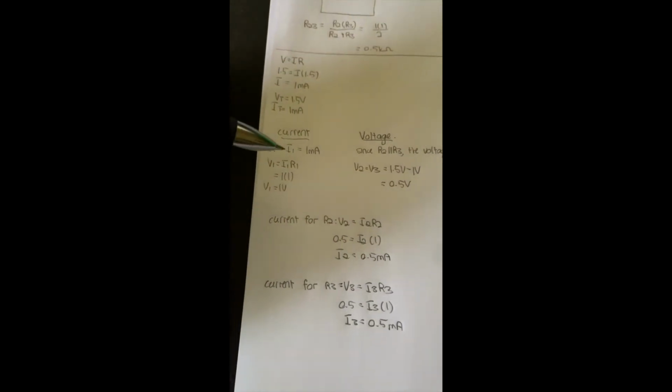The total current for this circuit is 1 milliampere. Therefore, the current for R1 and the current for the whole circuit is the same, which is equal to 1 milliampere.